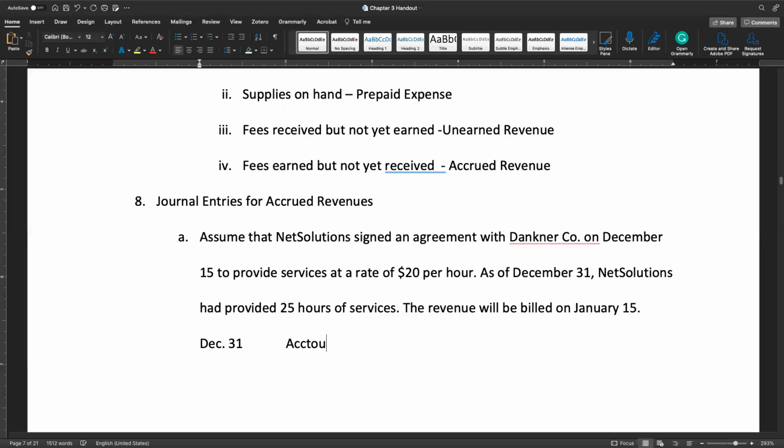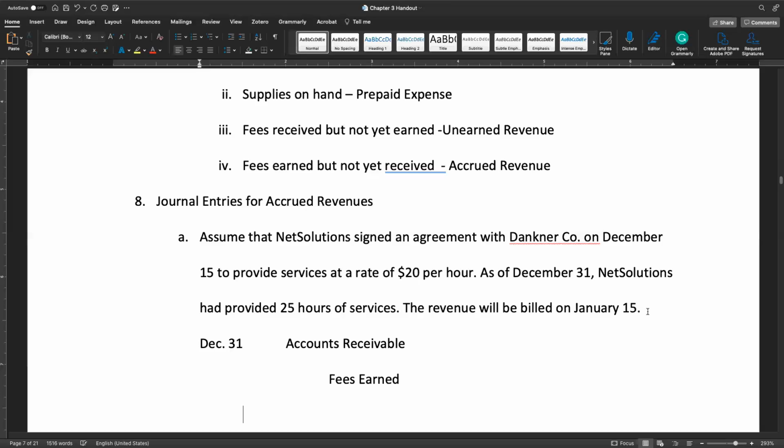We're going to debit accounts receivable. Okay. Can't spell today. There we go. And we'll come back and get that amount in just a second. But fees earned is going to be what we credit. So this is going to show that someone owes us some money, and it's also going to show our revenue on it.